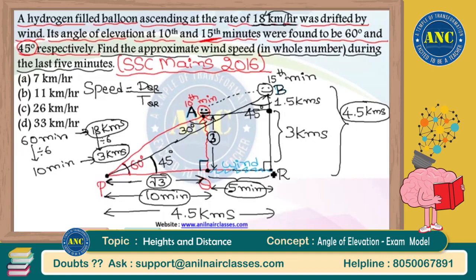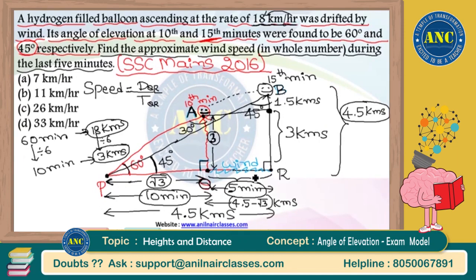From P to R, it is 4.5 kilometers. That means from Q to R, it will be out of total 4.5, remove this root 3. That many kilometers will be from P to R. Q to R. Distance from Q to R is 4.5 minus root 3.